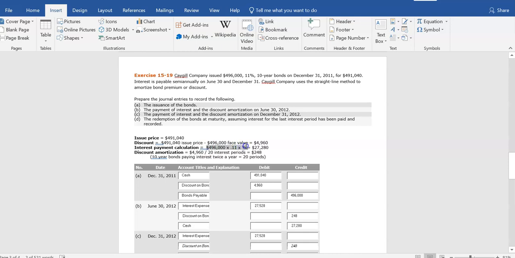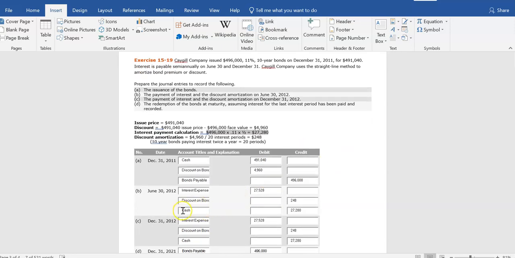We are only paying interest for half of a year. That means the amount of our interest payment for 6 months is $27,280. Thus, on June 30th, we will credit cash for $27,280.